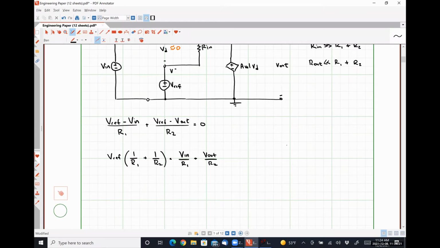I can make this a sum of the reciprocals. The easiest way to think about this without doing algebra is that this is just the inverse of R1 in parallel with R2, right? Because R1 in parallel with R2 would be 1 over this whole thing. So R1 in parallel with R2 is R1 R2 divided by R1 plus R2. The inverse of that is just R1 plus R2 over R1 times R2.